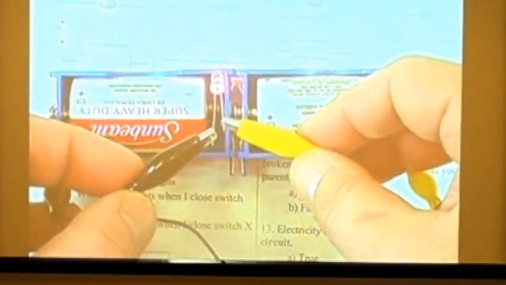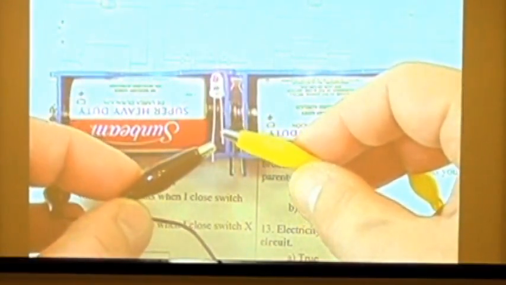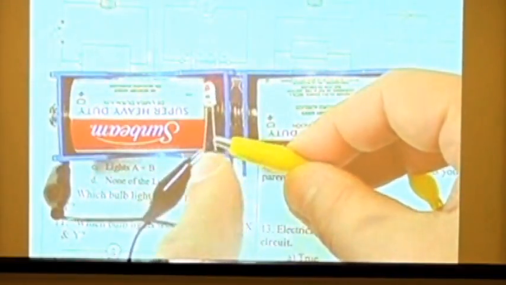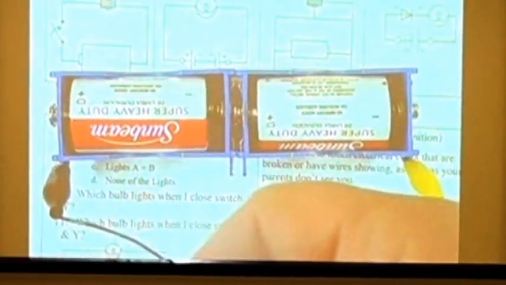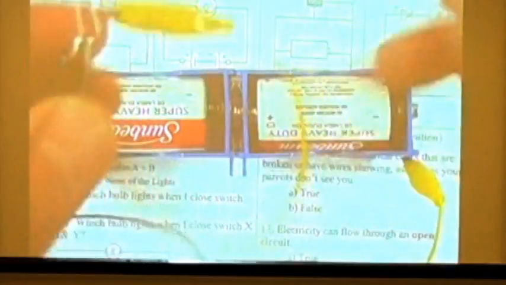One's a little bit longer than the other. So on all diodes, so you don't have to check them to see if they work, the longer one goes towards the positive, the shorter one goes towards the negative. That should save you some time when you're hooking up your circuit and you're not sure. And I will always have one longer than the other on this type of diode, okay?